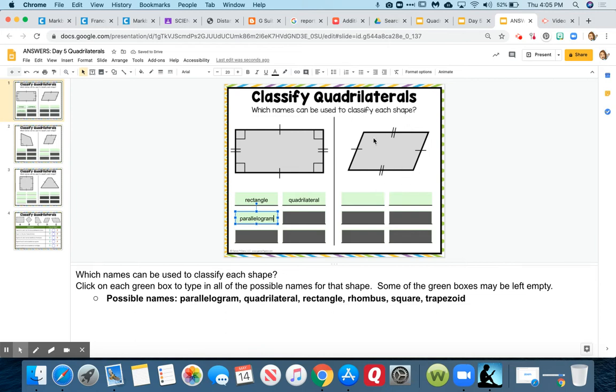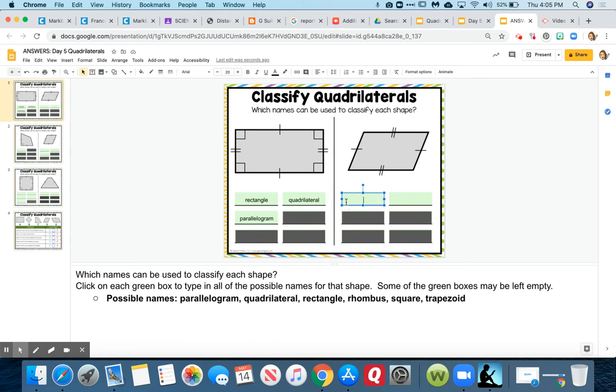And then over here, this shape has these sides equal, these sides equal, this side and this side parallel, this side and this side parallel. So we have 2 sets of parallel sides, and we have 1, 2, 3, 4 sides. So there's only 2 things it could be. Well, it's a parallelogram.